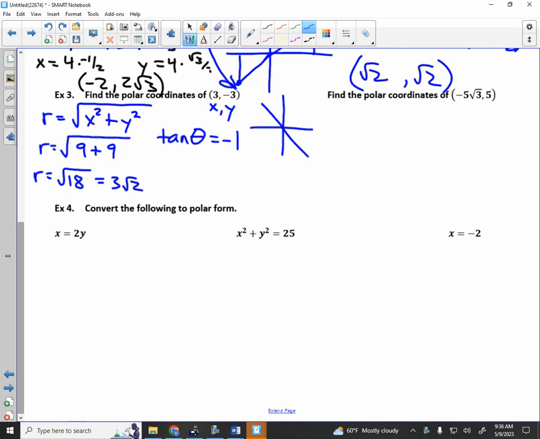If I take the inverse tangent of 1 on my calculator, you get 45 degrees. You tell me, is this the second quadrant or the fourth quadrant? This is the fourth quadrant, which means this would be 315 degrees. So theta is equal to, in radians, 7 pi over 4. So your coordinate is 3 roots of 2 and 7 pi over 4.